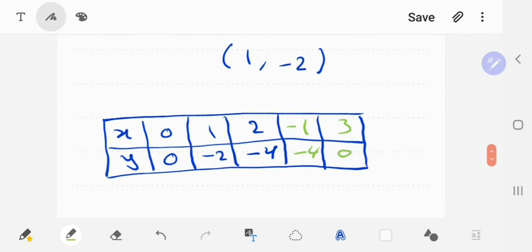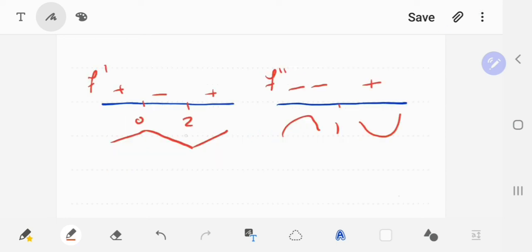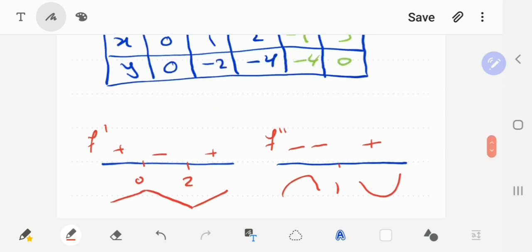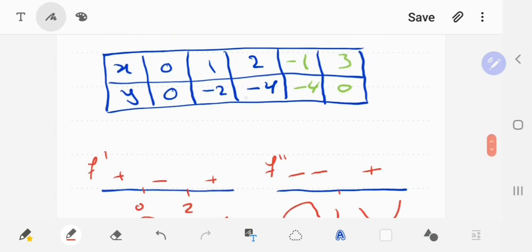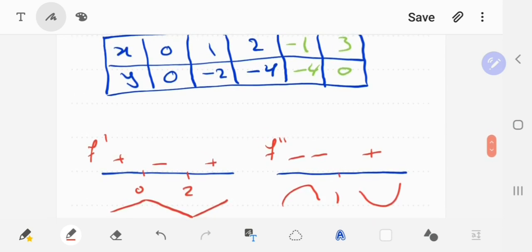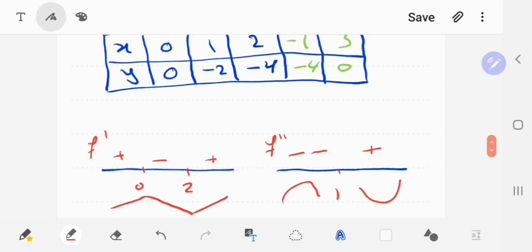Now, let's see how that would affect our graph. Okay, now what do we have? We know that our function is increasing till 0, decreasing till 2, then increasing, and we know the concavity intervals, and of course we have the points that we have just found. Let's plot these and try to translate all we found on the graph.